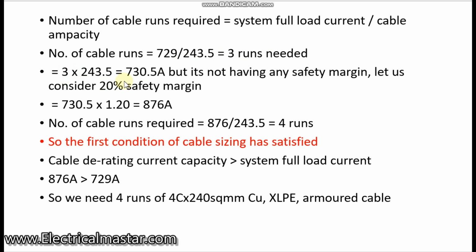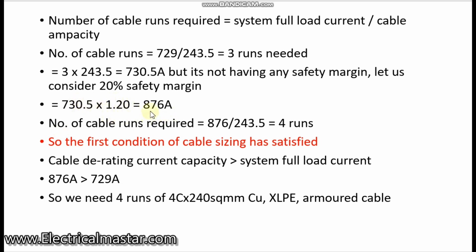So for that, what I did, I took the value of 730.5 amperes, which I got from three cables running with the derating factors, it came to 730 amperes. Additionally, along with the 730 amperes, a 20% margin: 20% means you multiply by 0.2, or just 1.2, that is 120% of these values.